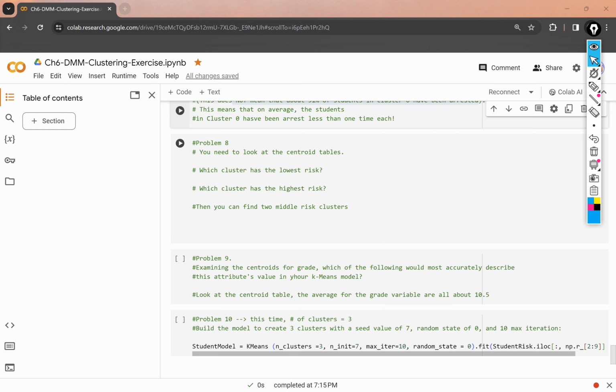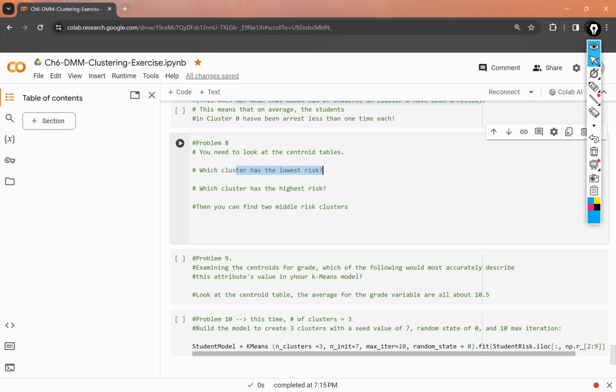To answer this, you first need to find which cluster has the lowest risk and which has the highest risk. So look at the centroid table and find the lowest and highest risk. Once you find both, you can find the two middle risk clusters, and then you can find the answer.